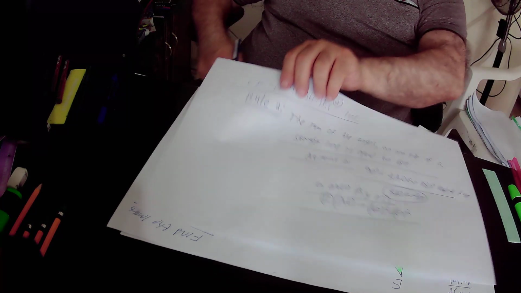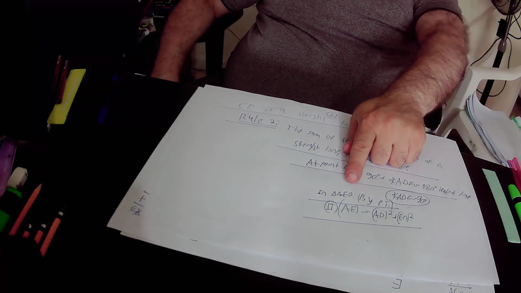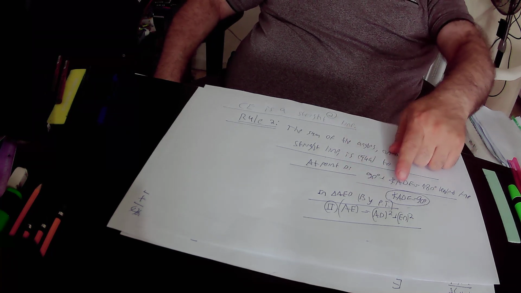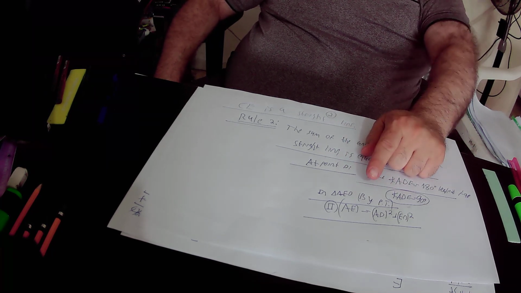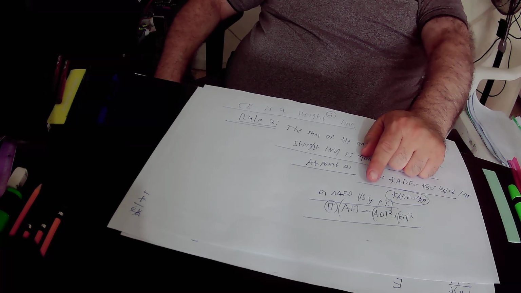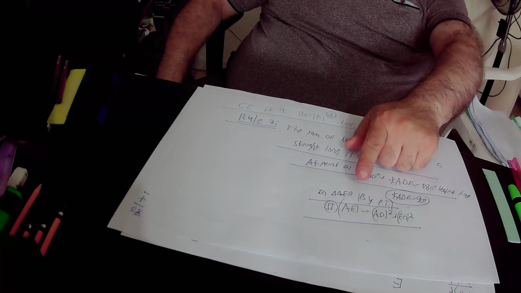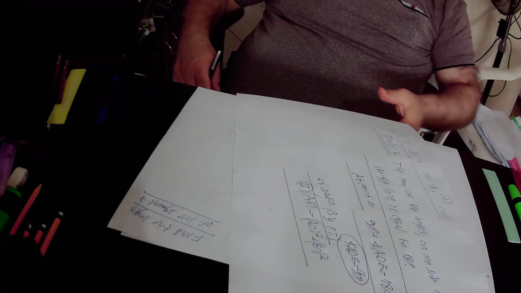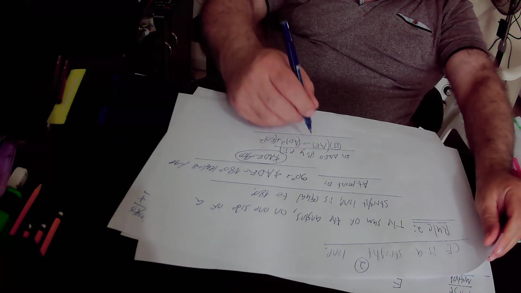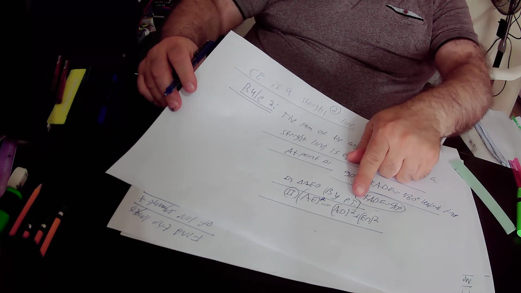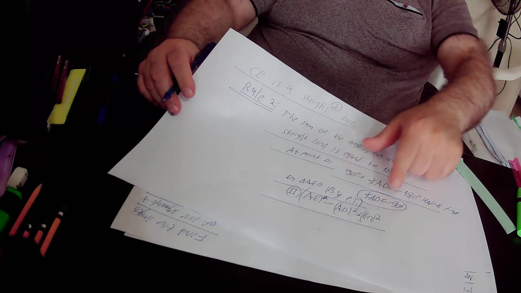I'll repeat again. In the right green triangle AED, according to the Pythagoras theorem, AE squared must be equal to AD squared plus ED squared.